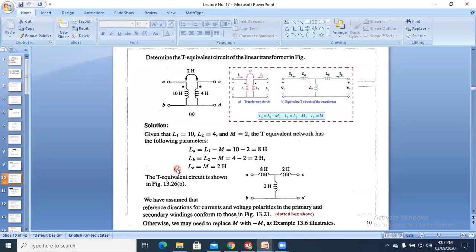So we can also see here that in case of the value of currents, if not entering or the polarities of the voltages are changed, the value of M will be reversed.